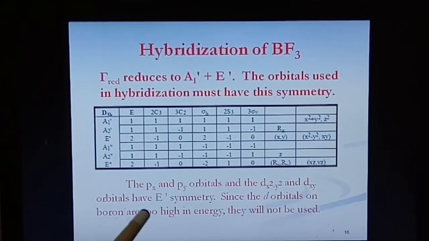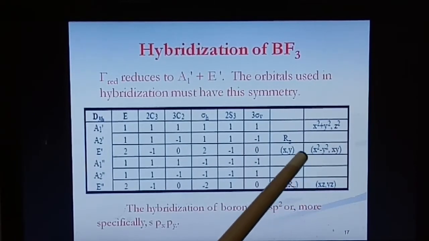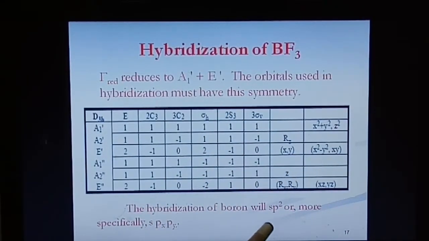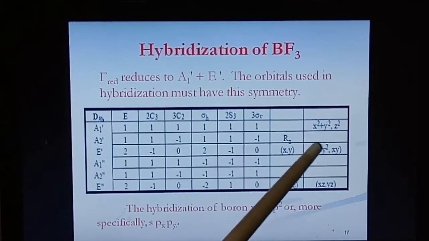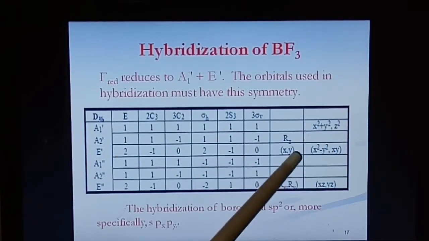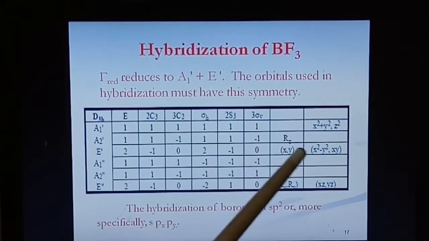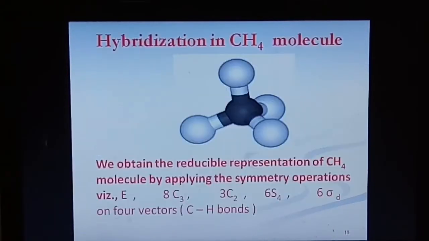Since the d orbitals on boron are too high in energy, they will not be used in the hybridization. So we can conclude that the hybridization of boron will be sp², because this is s and p, more specifically px and py.